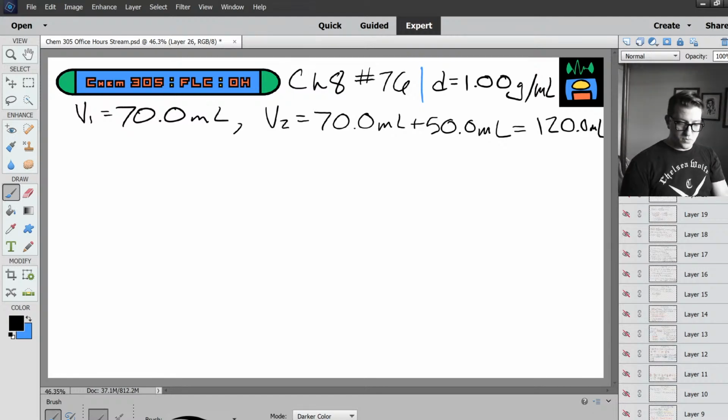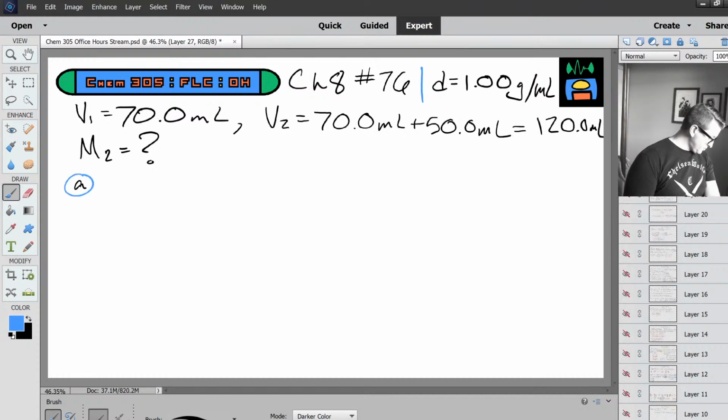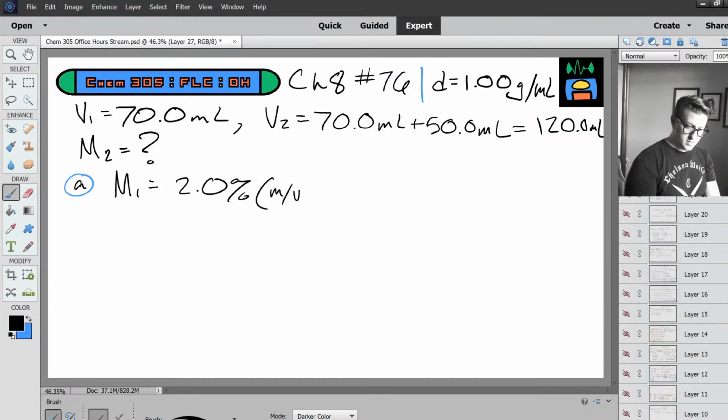Right. And so for all of these, we're asked to determine the final concentration. For A, we're told that our initial concentration, M1, is 2.0% mass to volume.